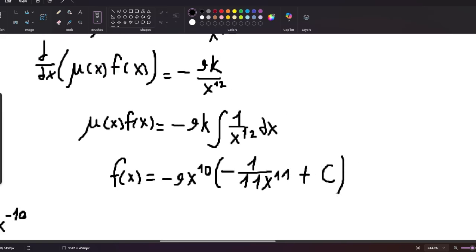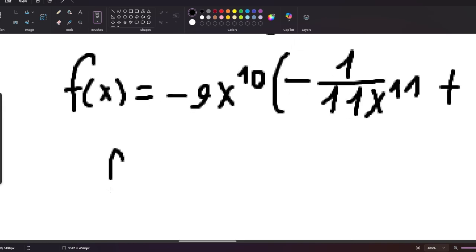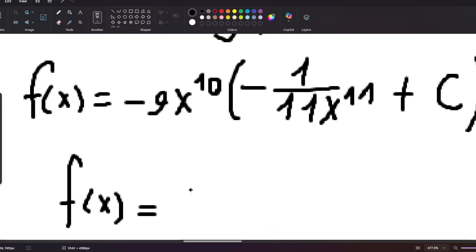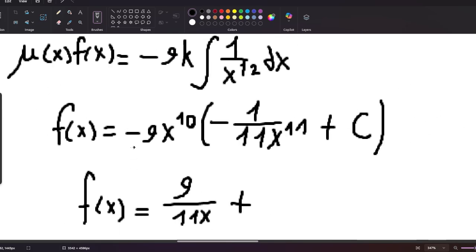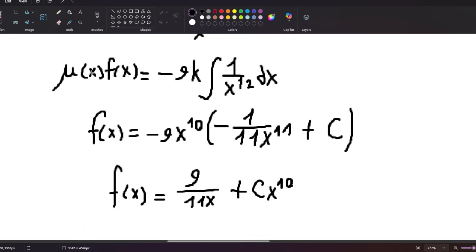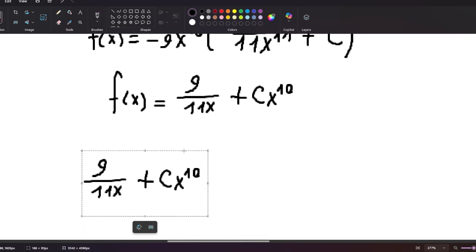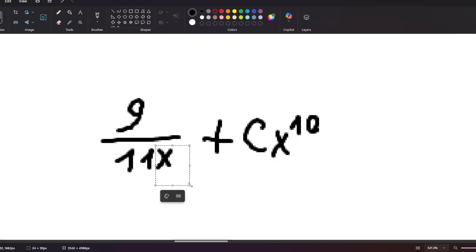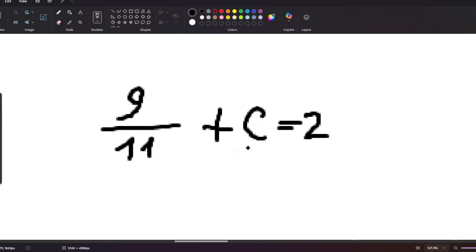Okay, nice. Now let's multiply this by negative 9 times x to the power of 10. That'd be 9 over 11x plus, now we can just ignore the 9 and just write c times x to the power of 10. Now we need to find the constants. Recall the initial condition. When x is equal to 1, the function is supposed to be equal to 2.